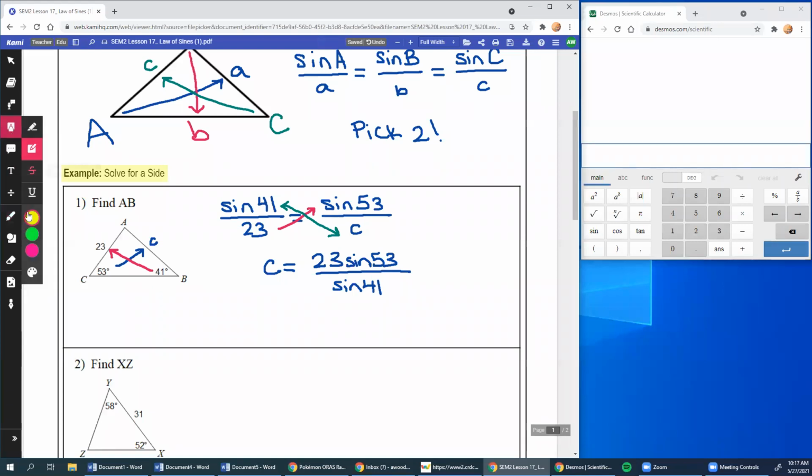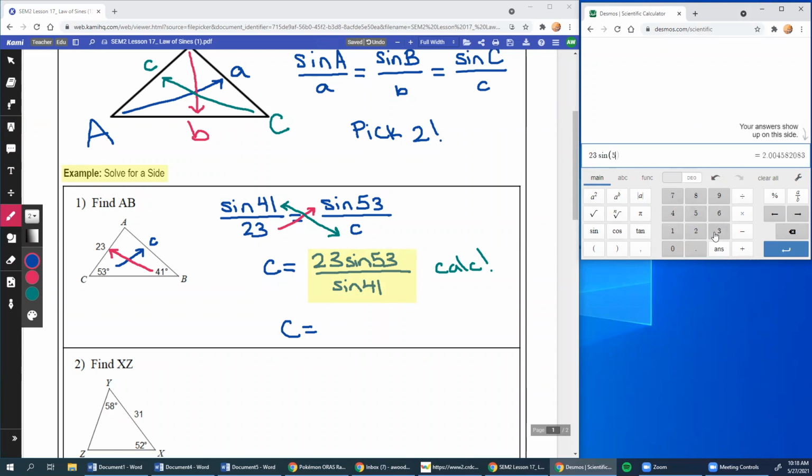Now that we have c by itself, we're just going to plug this whole thing into our calculator to solve for c. Now we're going to come over here to our calculator. 23 sine of 53. Make sure you close the parentheses before you do division.